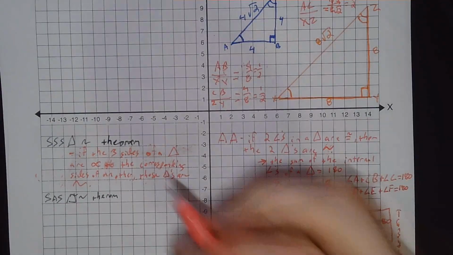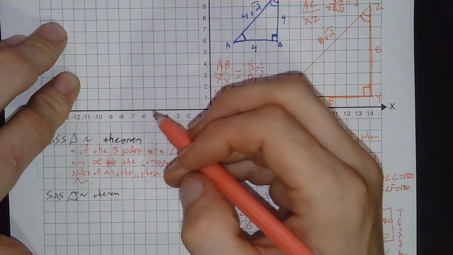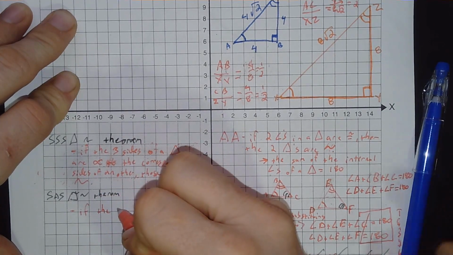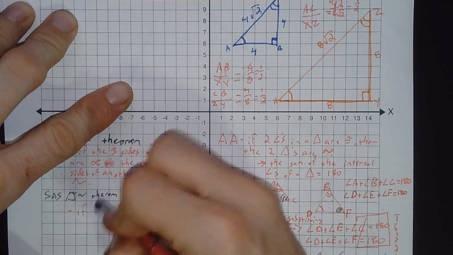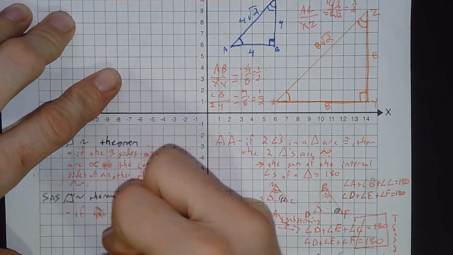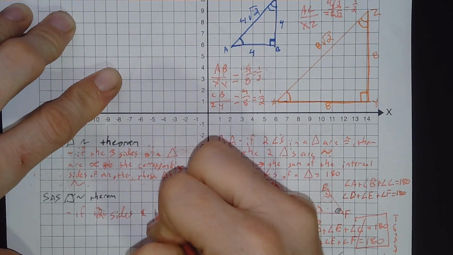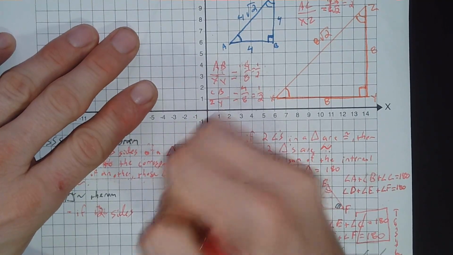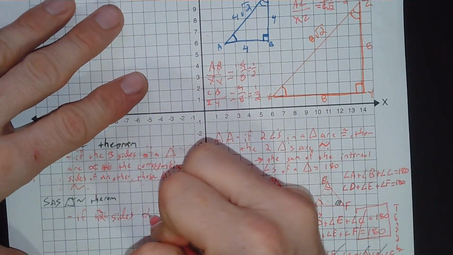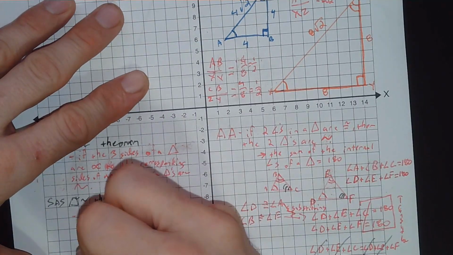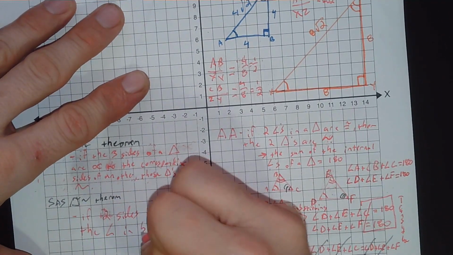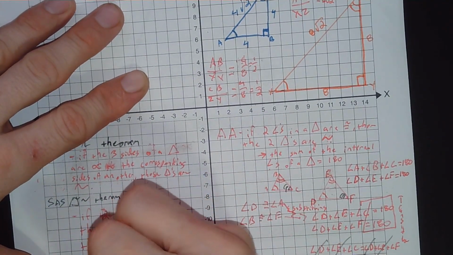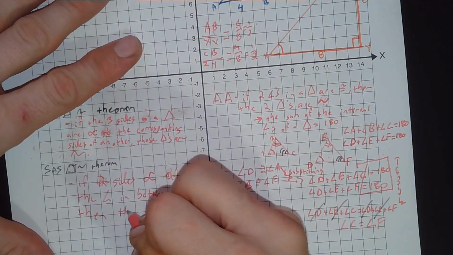So this one says if I have two sides, I need two sides proportional, and the angle in between equal, then the triangles are similar.